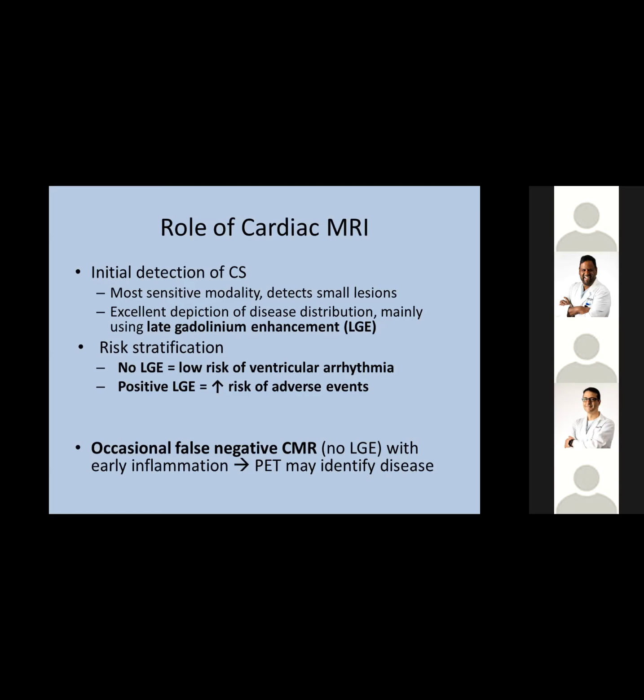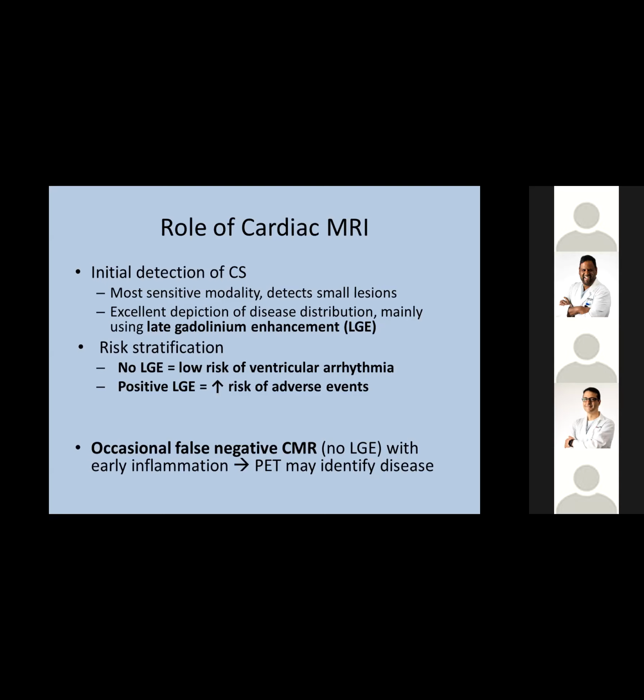Cardiac MR in that sense is also useful as a risk stratifier, because it's been shown in a number of studies that absence of late gadolinium enhancement, or LGE, with a good quality MR portends a low risk of events, whereas having a positive scan correlates with a significantly increased risk of adverse events. So it's very useful in that sense.